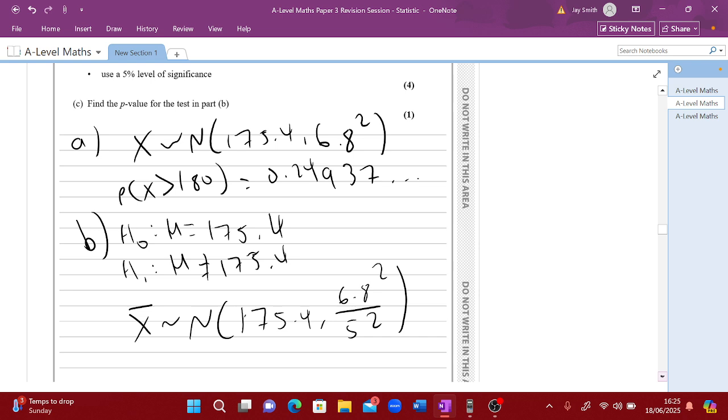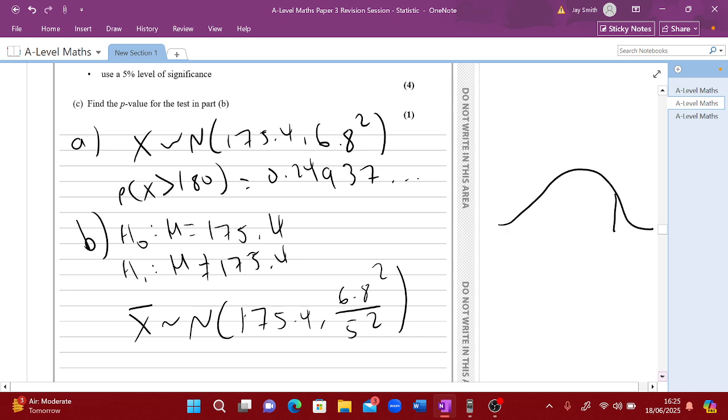So the mean distribution again is just saying how the means are distributed. And so what we can say with this mean distribution is what is the probability of a mean being... Let me draw a horrible curve, something like that.